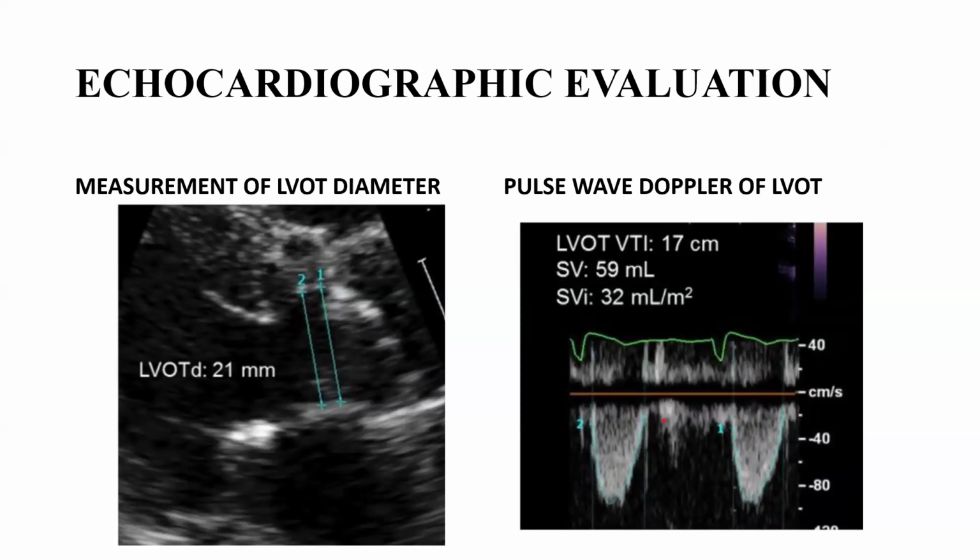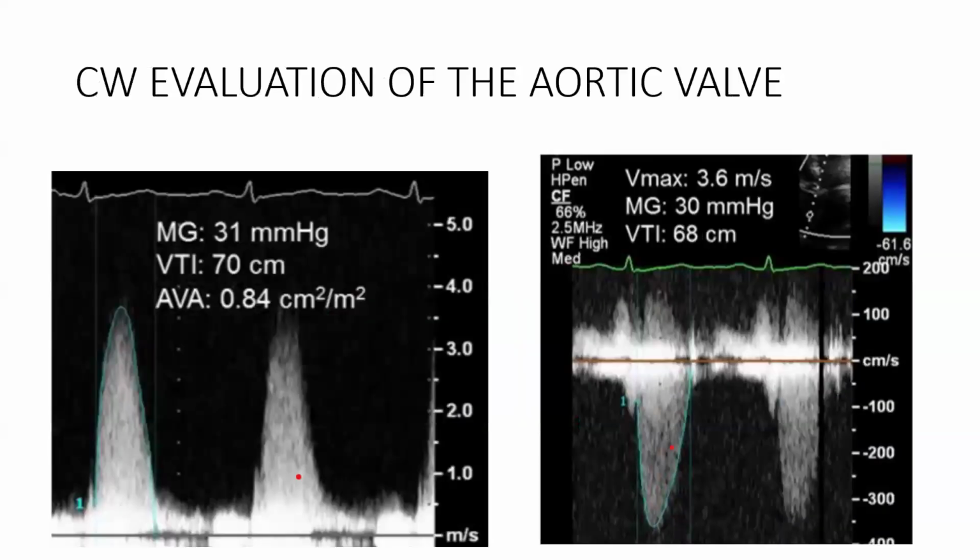The stroke volume is 59. It's already been calculated to make it easy. The stroke volume index is 32 ml per meter squared. And your maximum aortic gradient, as you can see, is there. The mean is 30 with Vmax of 3.6. And your aortic valve area is 0.84.